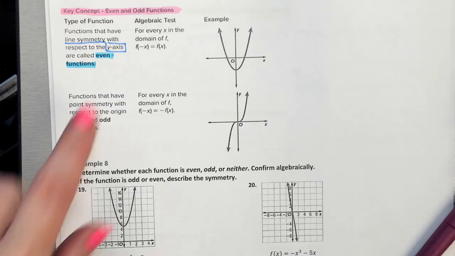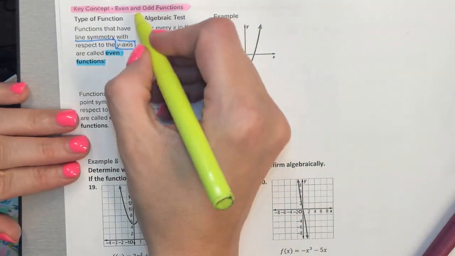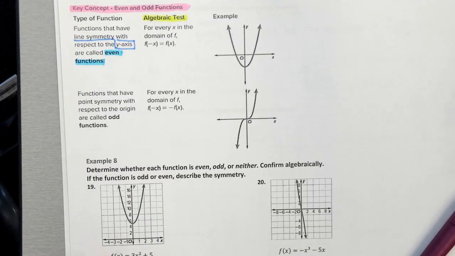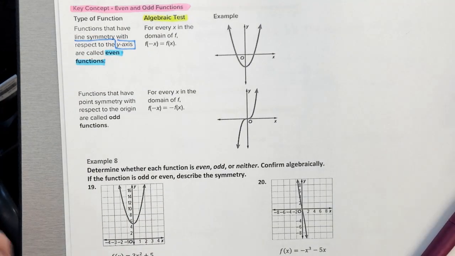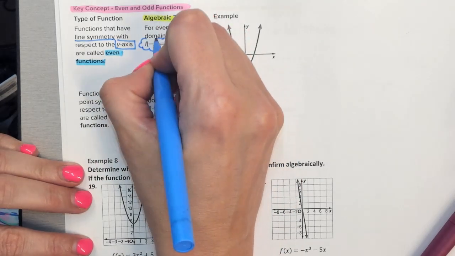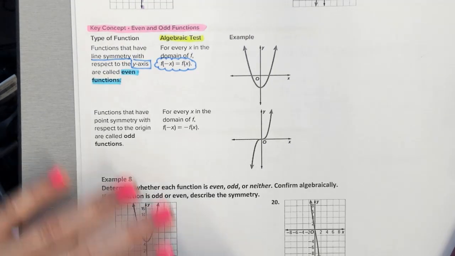And what we're going to do is this algebraic test. Okay, so it says for the algebraic test, for every x in this domain, f of negative x is equal to f of x.